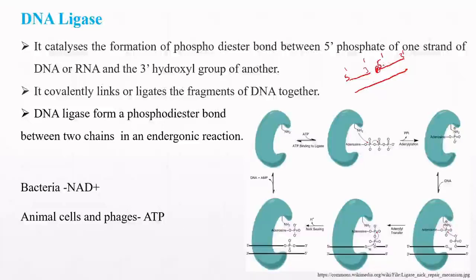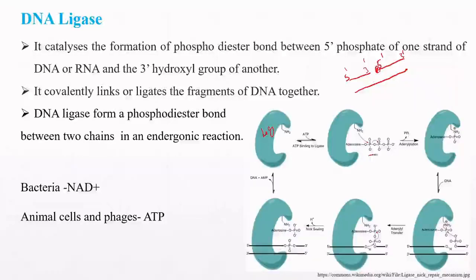Here, let us see the mechanism of DNA ligation. Let us consider this as a DNA ligase enzyme. This DNA ligase enzyme needs energy in the form of ATP. So the first step of DNA ligation is that the enzyme DNA ligase binds to the ATP.